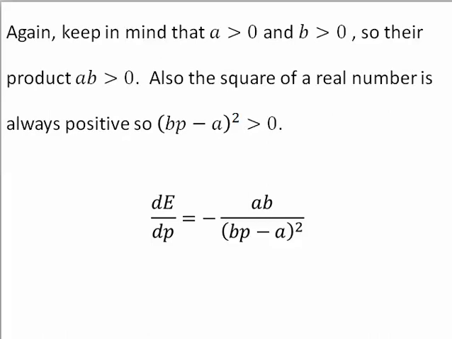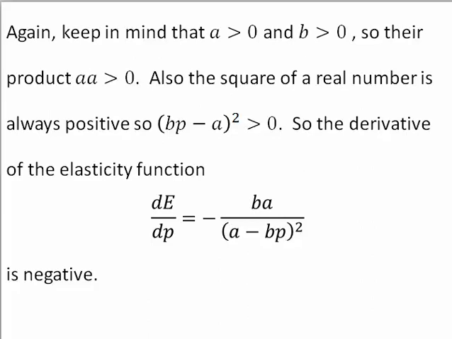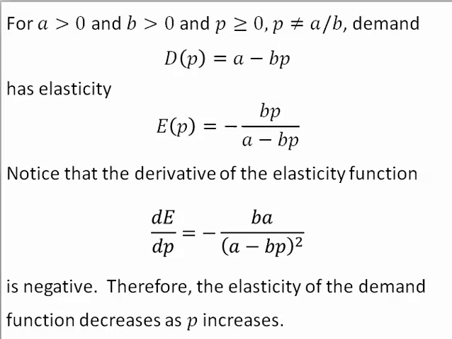Squares are always positive with real numbers. So I have positive over positive, but with a negative out front. So the derivative of the elasticity function is negative. Therefore, the elasticity of the demand function decreases as the price P increases.